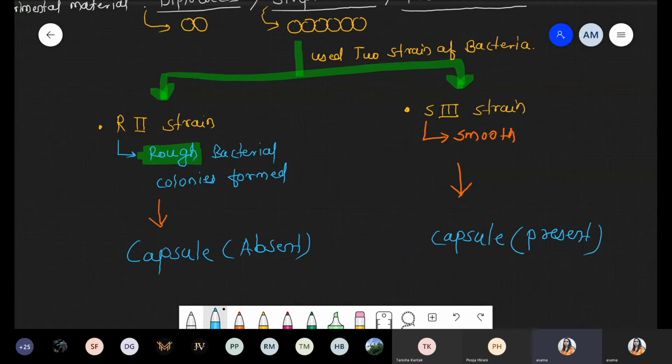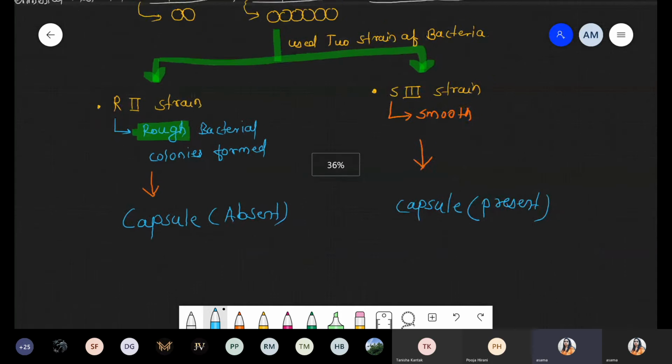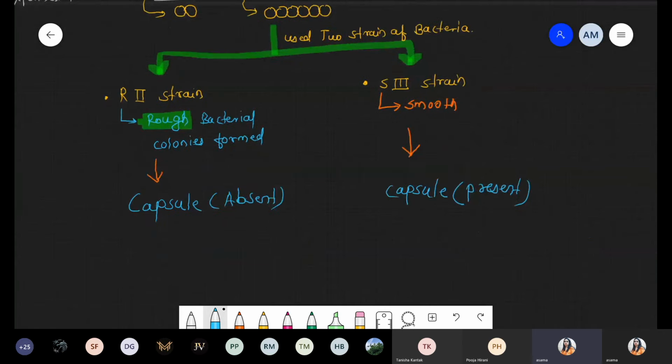Now, because the capsule is absent, this type of bacteria can easily be found by the immune system cells. As pneumonia bacteria enter the human body or the rat body, our immune system is immediately activated, and there is lysis of that bacteria. Why?